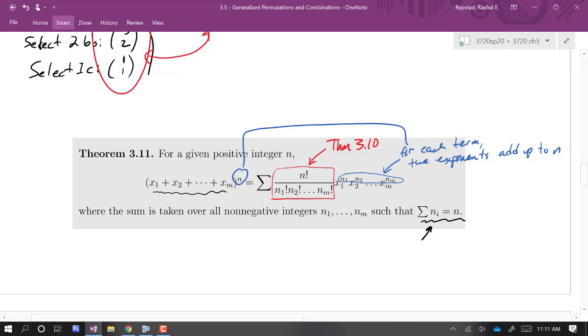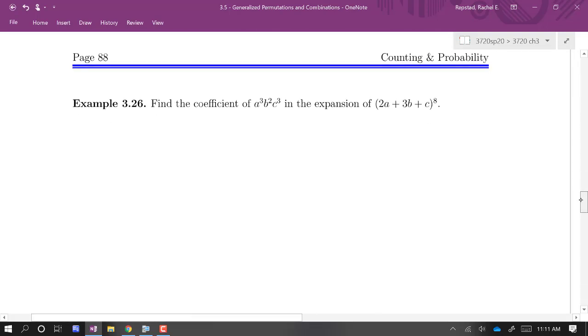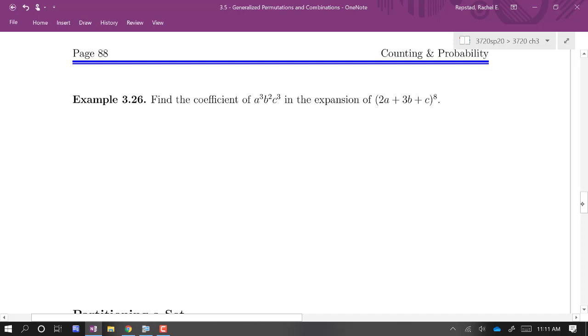So we're going to use this theorem to help us. We're not going to do a full expansion, but we're going to find the coefficient of a cubed b squared c cubed, the coefficient of that term in the expansion of 2a plus 3b plus c all to the 8th.